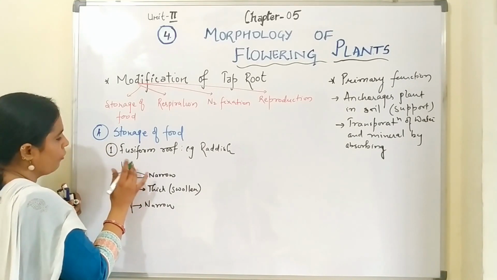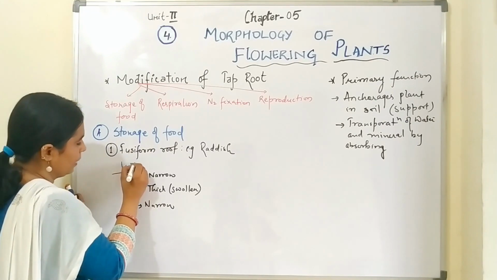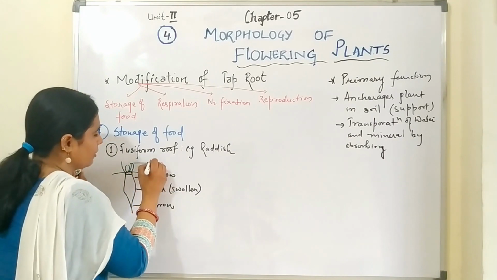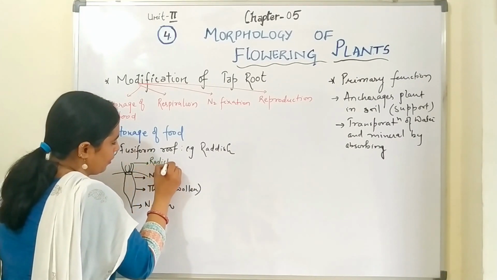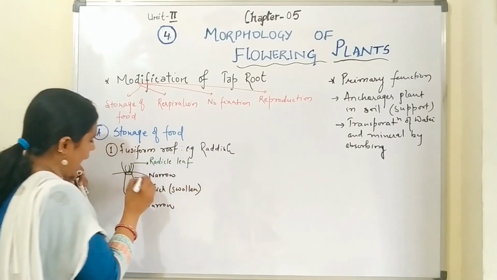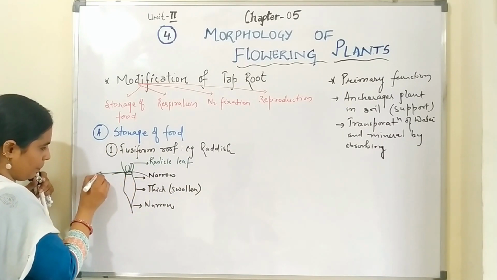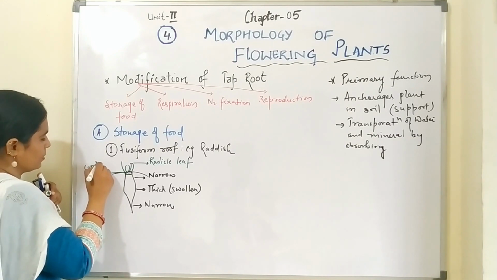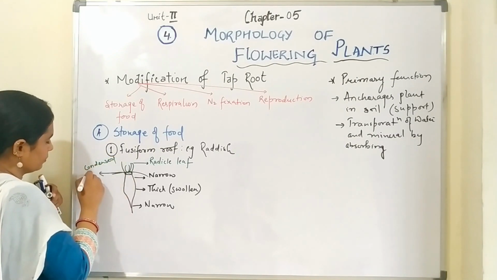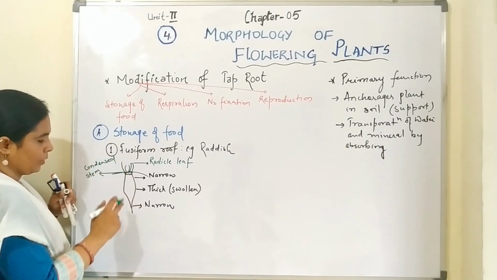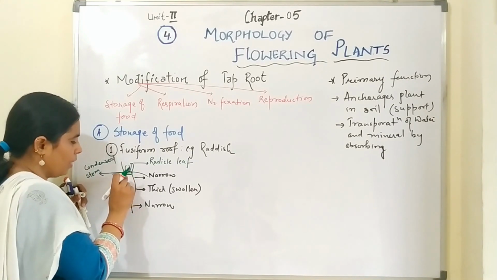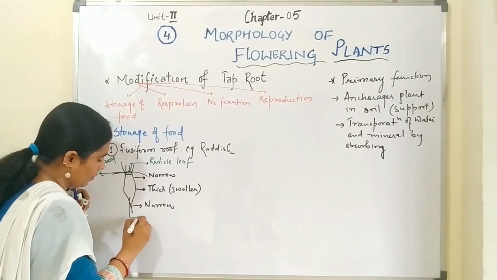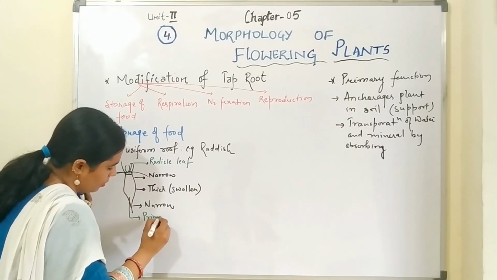You will see that this portion from where the leaves are coming, as these leaves are connected directly to the root, they will be called radical leaves, and this portion is called the condensed stem. The portion which is acting as a storage of food is the primary root.